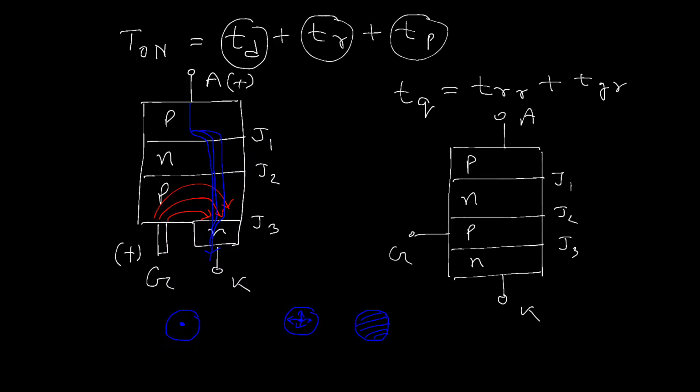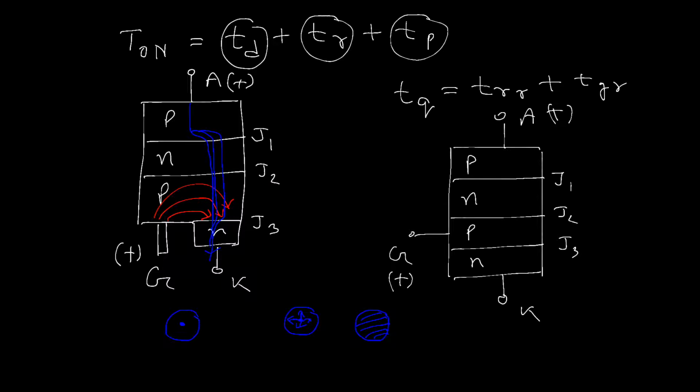Initially, this device was in the conducting state. That is why we assume the anode was more positive with respect to the cathode, and additionally we had given the gate voltage, so the gate is more positive with respect to the cathode.